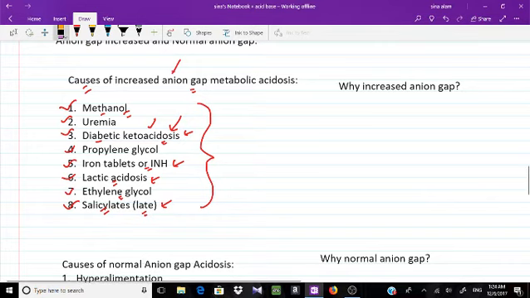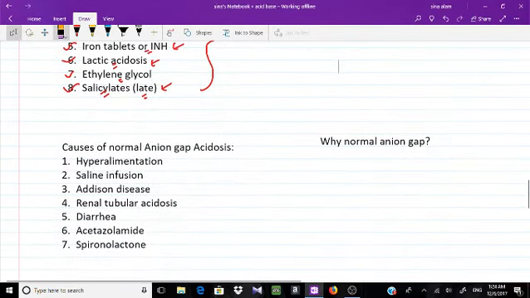Okay, you'll be more clear when we discuss why there is normal anion gap in these causes of metabolic acidosis. Here you can see hyperalimentation. What happens here? A person who cannot take food by mouth or the normal route, you give the person an infusion.